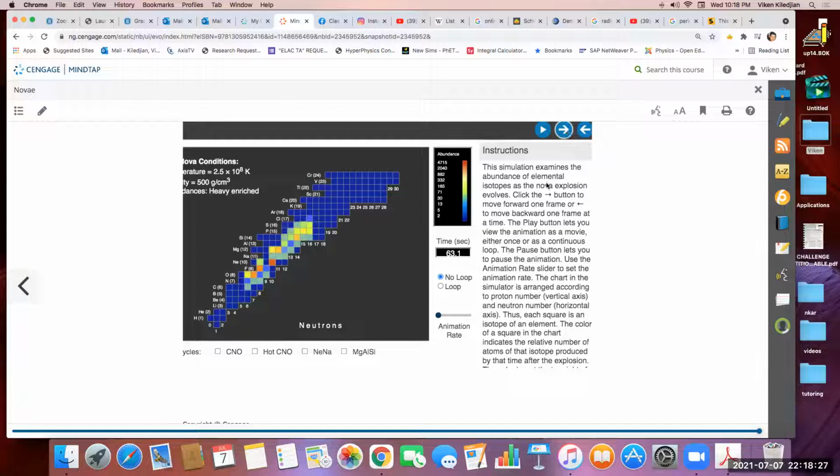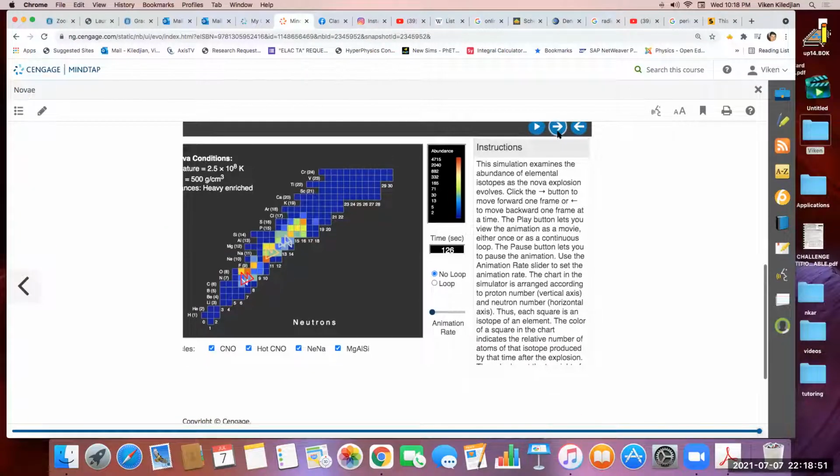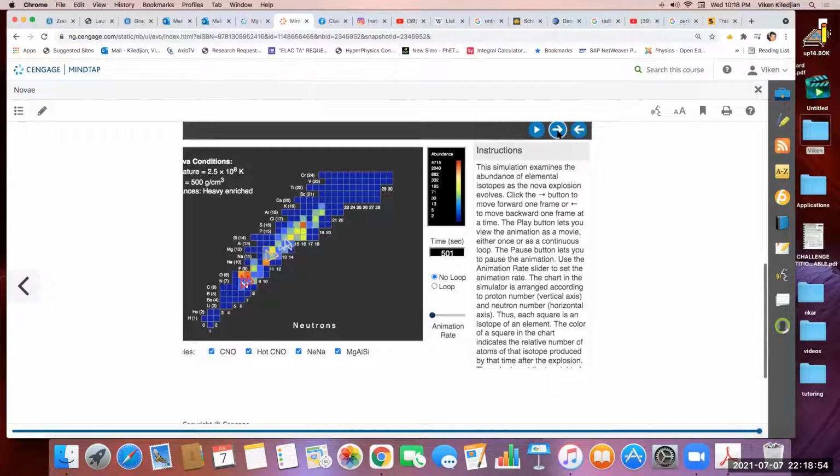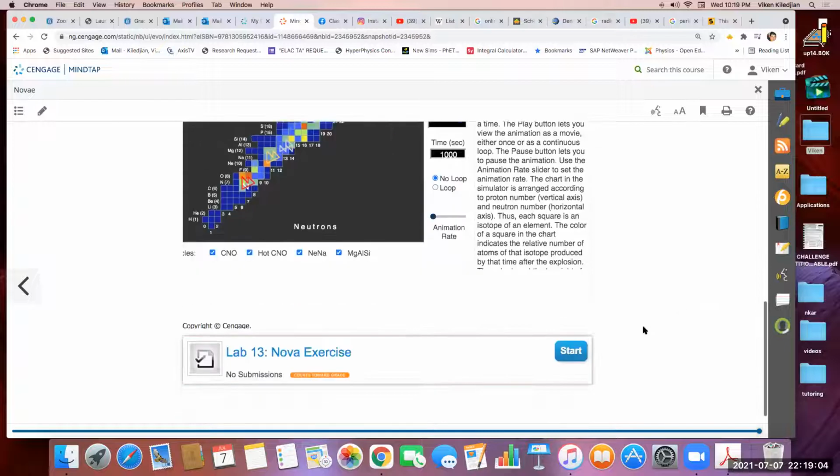Oh, these other elements are being made: carbon, nitrogen, oxygen, neon, and sodium. Magnesium, aluminum, silicon. Then the next one is 126 seconds. And finally, by the 1,000-second mark, which is like millions of years later, you know. Okay, so now here, start.